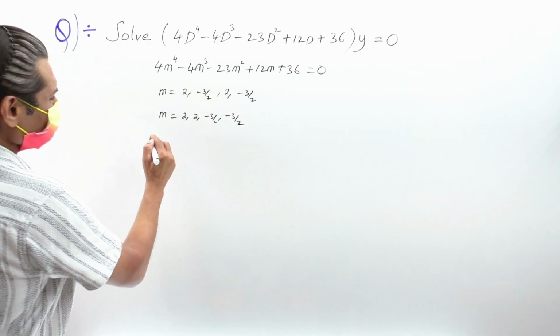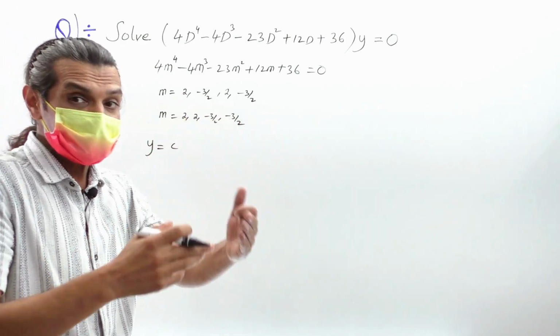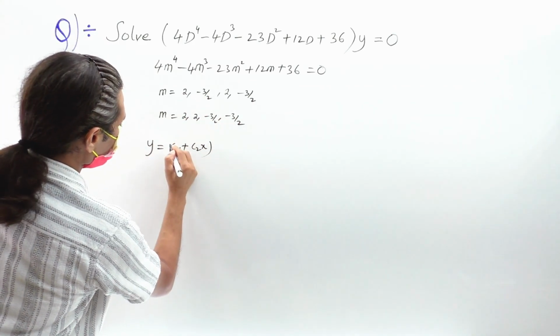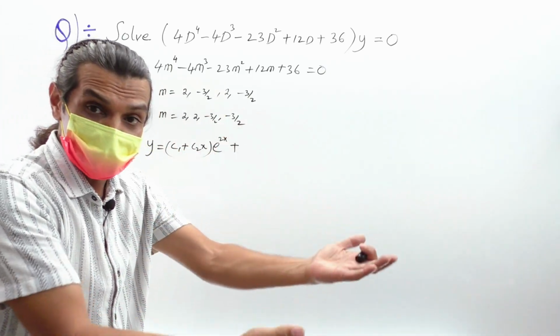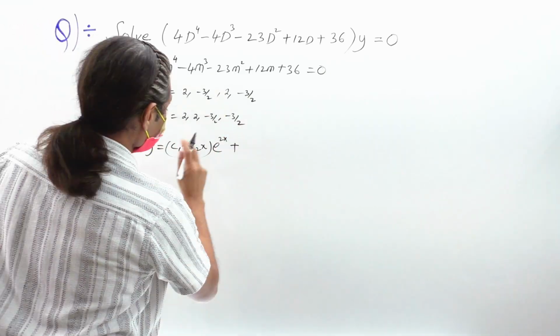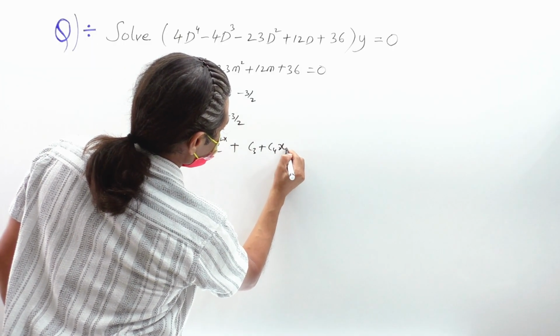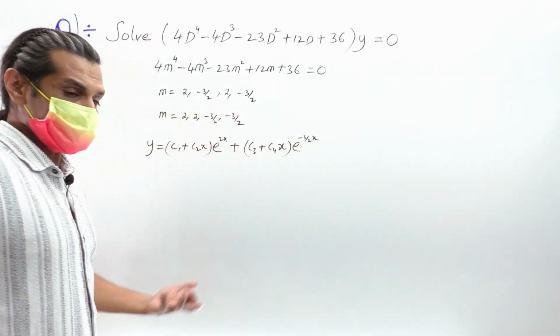So you can write the answer as y is equal to, see, 2 roots are repeated. When 2 roots are same, then (c1 plus c2x) whole into e raised to 2x. Again, same roots, repeated roots, means we write plus (c3 plus c4x) into e raised to minus 3 by 2x. Done. That's the answer.